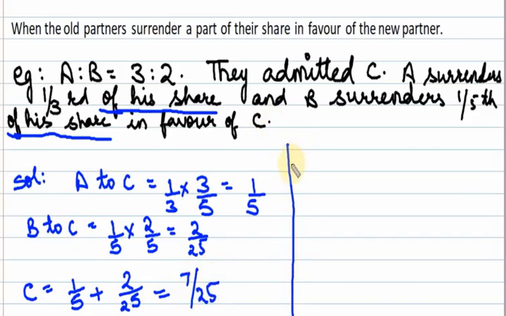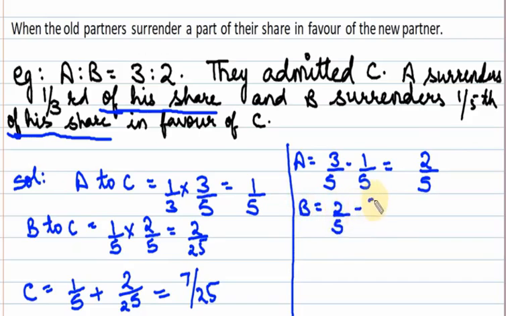Now the share of A and B. A's share was 3/5 and he gave 1/5 to C. So he is left with just 2/5. B's share was 2/5 and he gave 2/25 to C. So now he is left with 8/25.